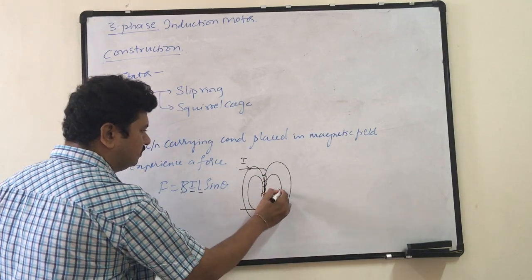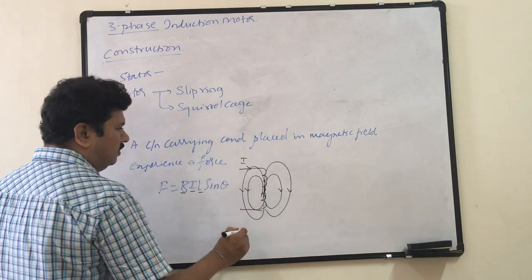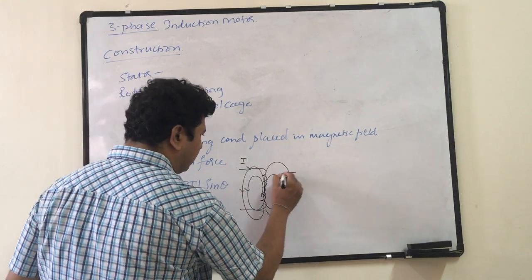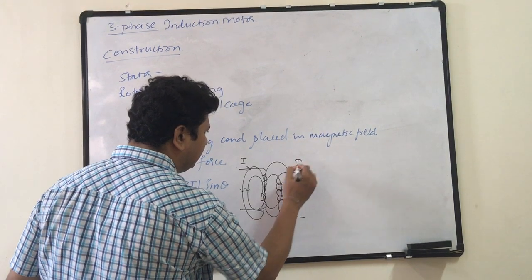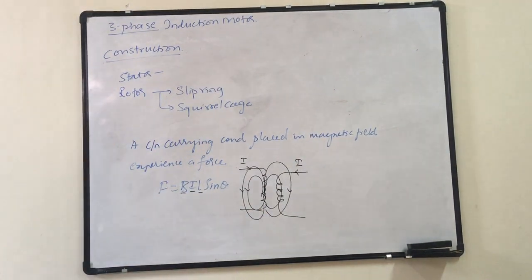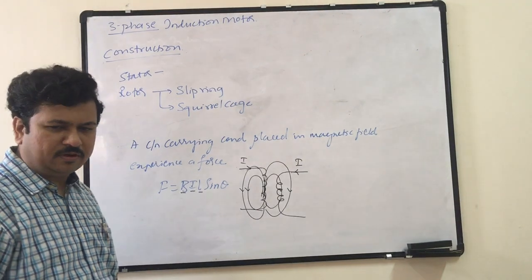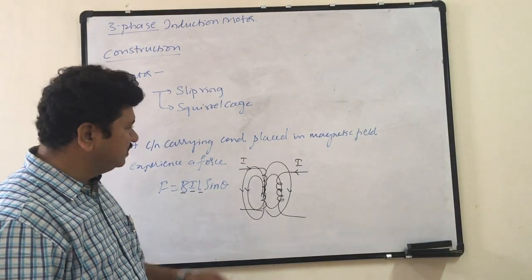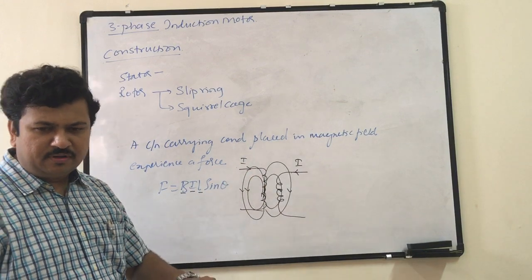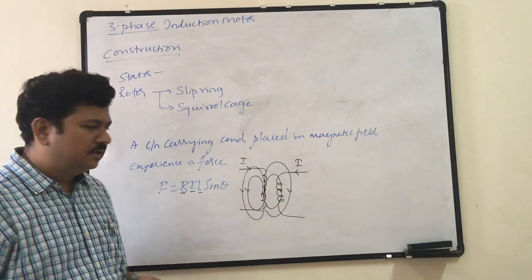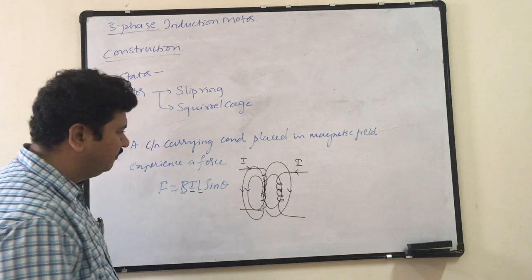I will be placing one more conductor here, and in this also I will make the current flow either by conduction or by induction, whatever may be the way. Because the current flowing in the second coil in this motor is inductive, it is through the induction process. This is called an induction motor.